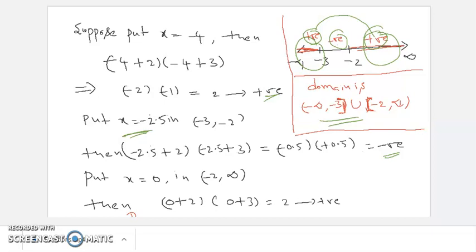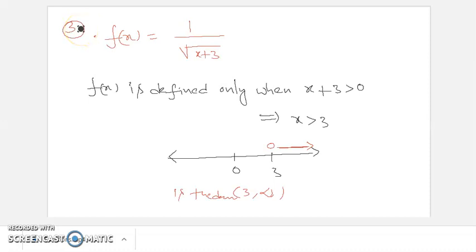And coming to another example, the third one, f of x is equal to 1 by root over x plus 3, which is defined only when the denominator expression is greater than 0. So x is greater than minus 3. X greater than minus 3 means, look at the number line system: here 0, here minus 1, here minus 2 and minus 3.